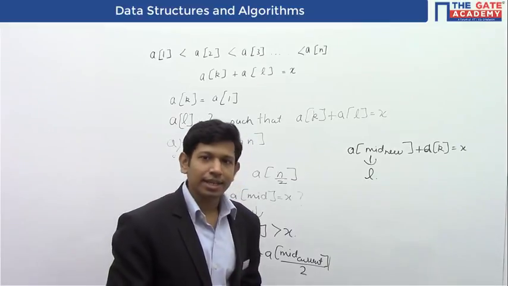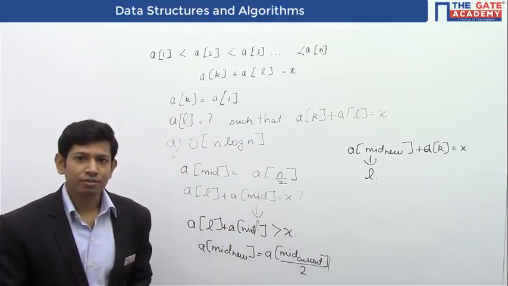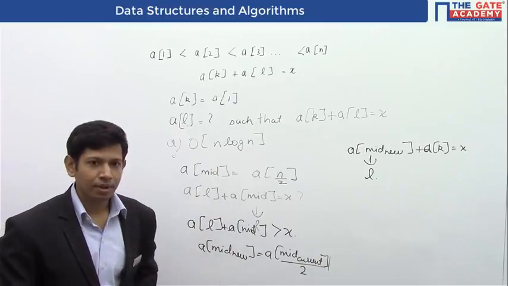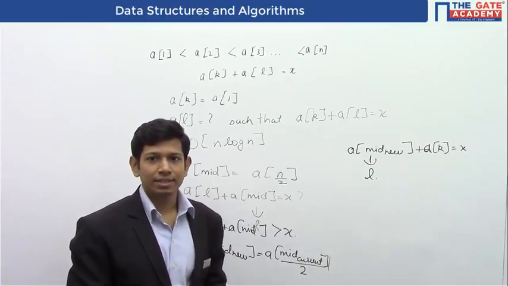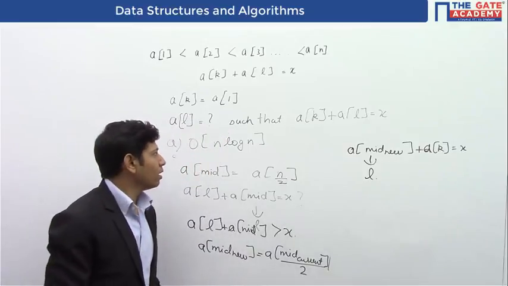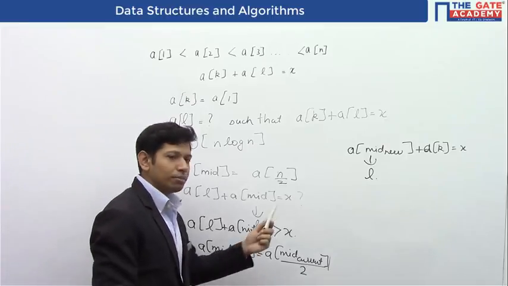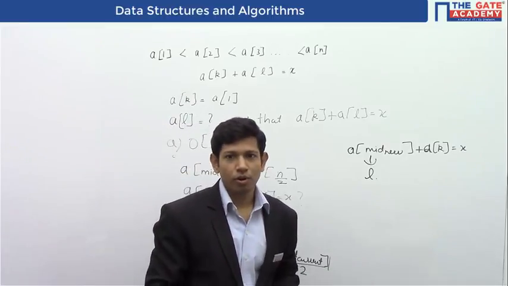Now in part A of the question, they are asking that the time complexity of such an algorithm should be n log n. If the time complexity has to be n log n, we first have to find the mid part. Finding the mid part will take order of log n time.